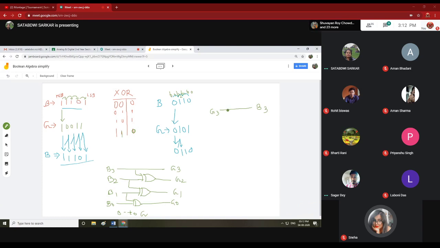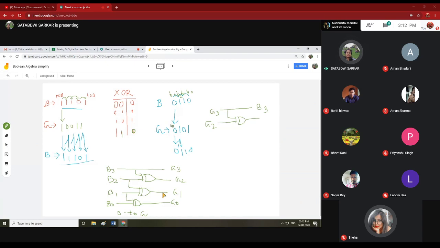But for converting that G2, see, this is the result. So the result is same here, isn't it? So this is XOR, that is G3.